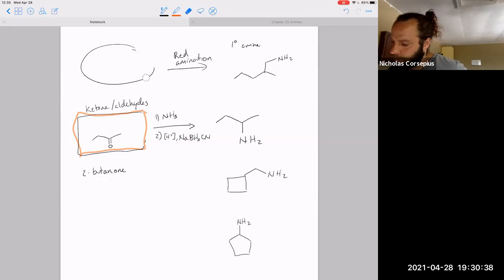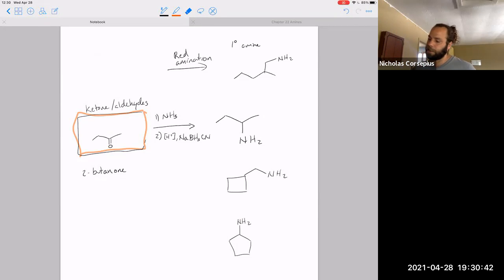Yeah, so take a second and solve these three problems. What ketone or aldehyde would I need to create these?